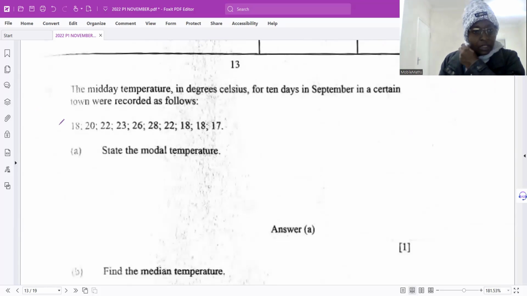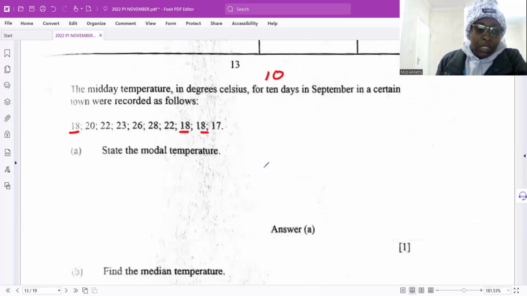They say the midday temperature in degrees Celsius for 10 days in September in a certain town were recorded as follows. State the modal temperature. Okay, the modal temperature is the temperature that appears most. I think we can see we've got 18, we've got 18, we've got 18, okay?